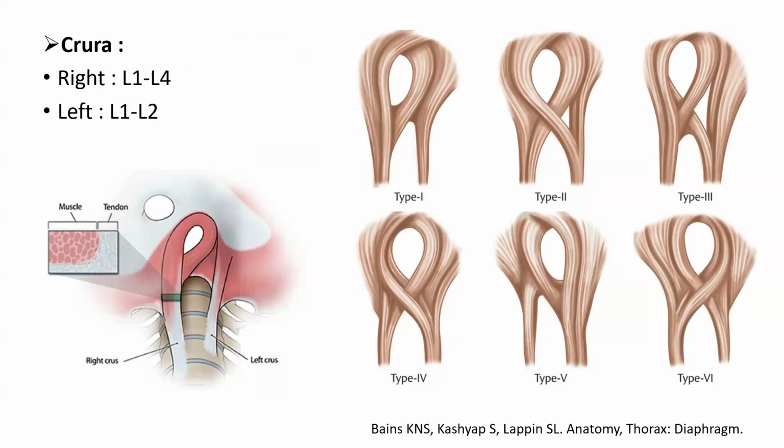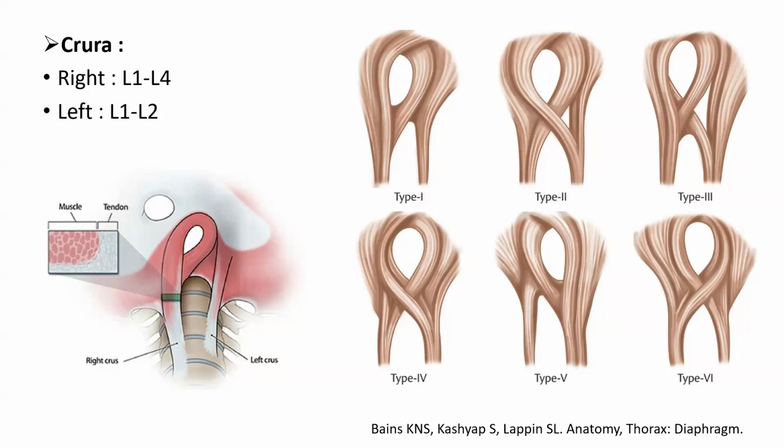The crura are tendinous at their origin on the vertebrae, becoming increasingly muscular as they ascend into the diaphragm. These crural fibers pass superiorly and anteriorly, forming the muscular arms that surround the openings of the aorta and the esophagus, and they insert on the central tendon.